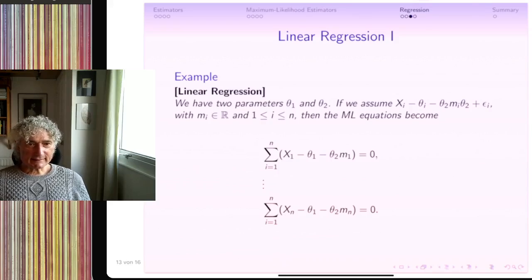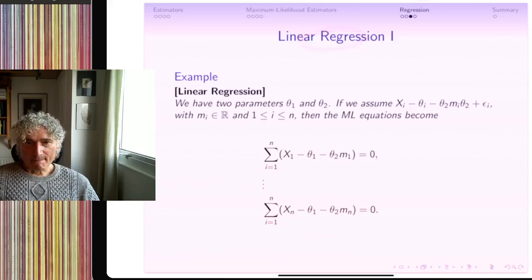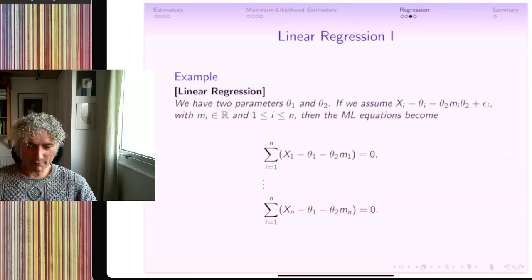Now let's discuss the simplest case, where the functions gi are just lines, and then the whole thing is called linear regression. You know that a line needs two parameters in order to be uniquely defined. So we have a two parameter problem with theta 1 and theta 2.